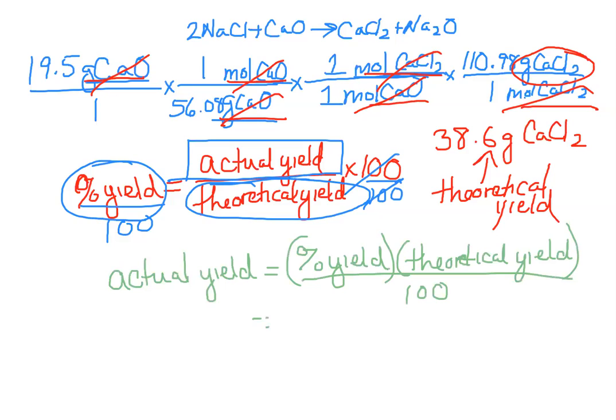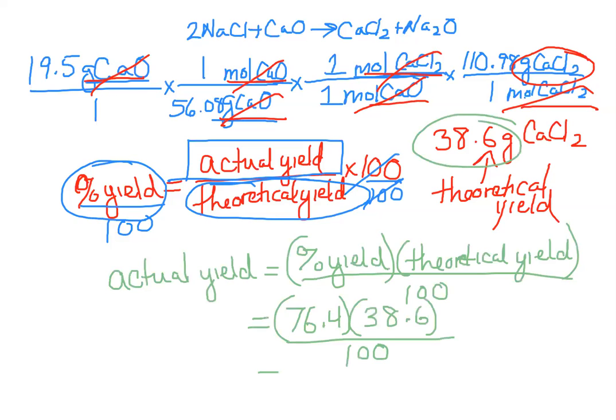Percent yield was given in the problem. It was 76.4. And theoretical yield was right here, 38.6. And we're going to divide by 100, and that's going to give us 29.5 grams of calcium chloride.